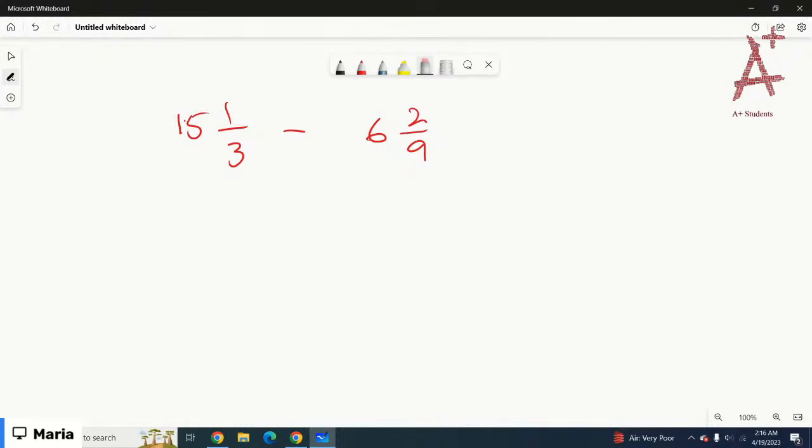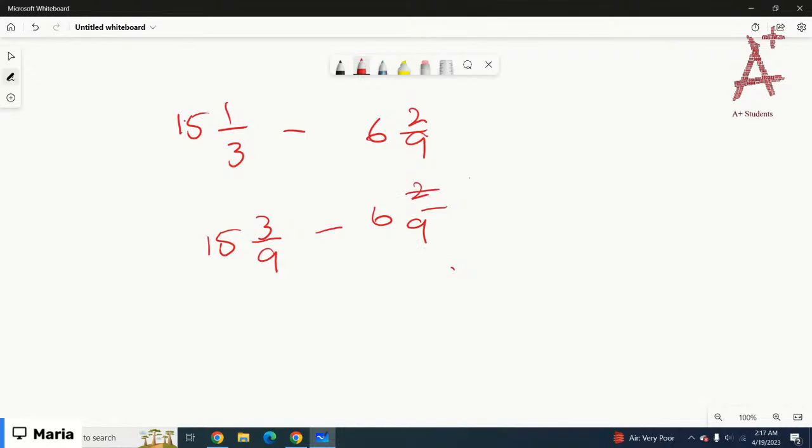So the common denominator is 9. You need to make that smaller denominator equal to 9. So 3 times 3 is 9, so I need to multiply this fraction by 3. Just the fractional part, not the whole number part.